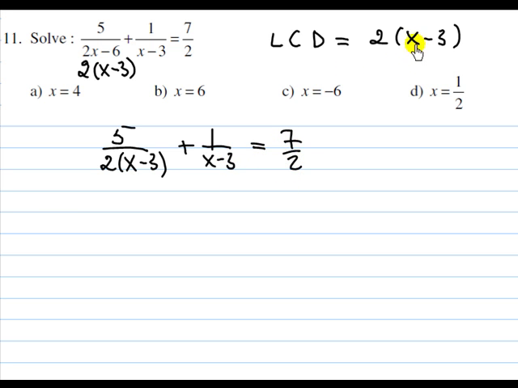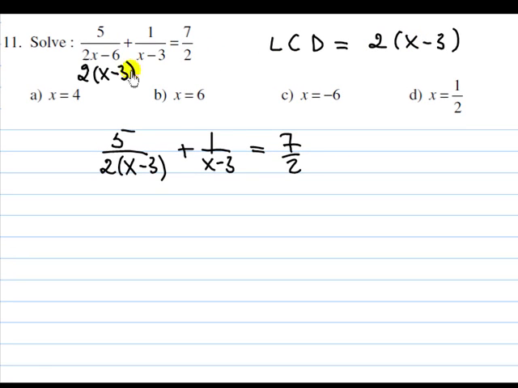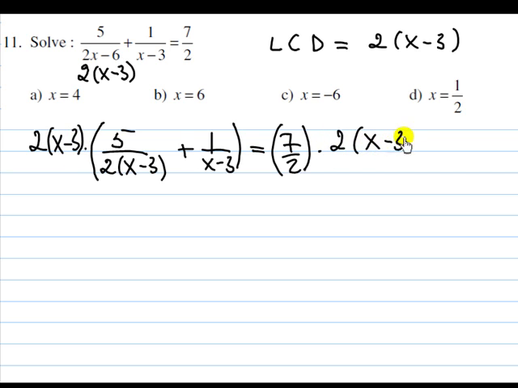So after finding the LCD, which is the first step in order to solve a rational equation, we are going to multiply both sides of our equation by the LCD, 2 times x minus 3, 2 times x minus 3.